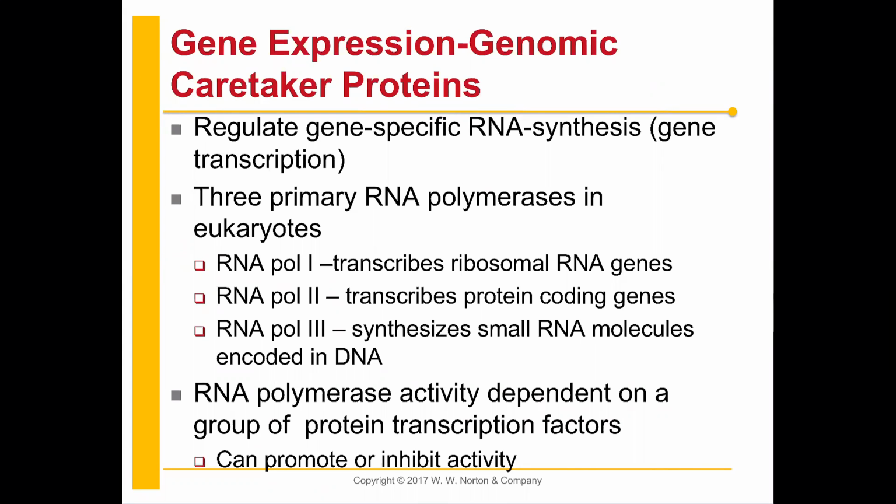Those transcription factors can promote RNA polymerase activity, or they can inhibit it. Transcription factors can make it easier for the RNA polymerase to work, or prevent RNA polymerase from actually accessing the gene. And you want that regulation to be able to go both ways so that you can turn things off when you need to, and you can activate when you want to activate.